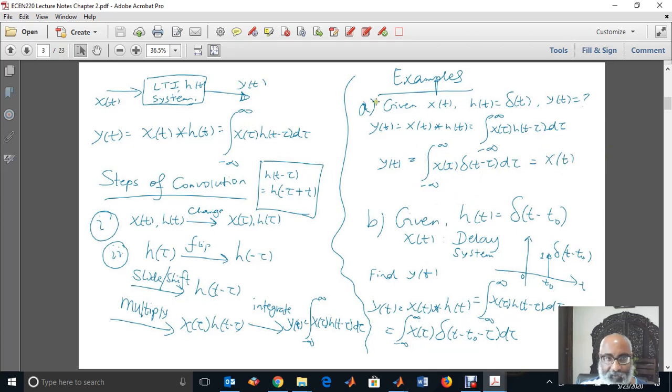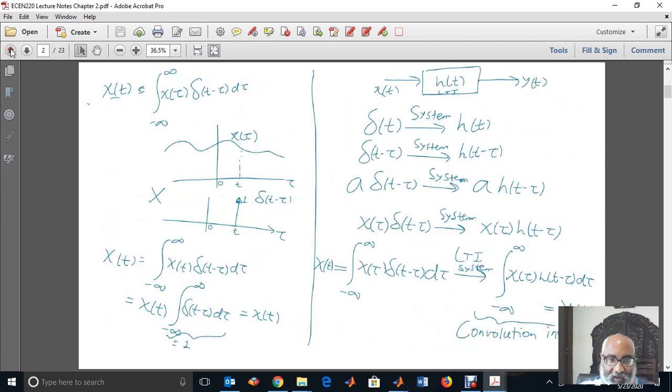Okay, that's why. If I go back here, here is x tau, any function. Then when I multiply with an impulse which is at tau equal to t, when you do the multiplication, all the multiplication result will be 0 except at tau equal to t, where x tau is equal to x of t.